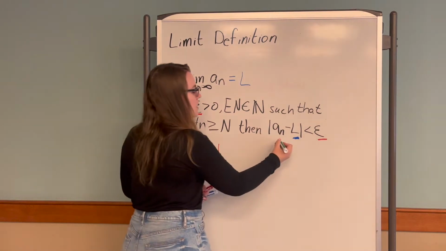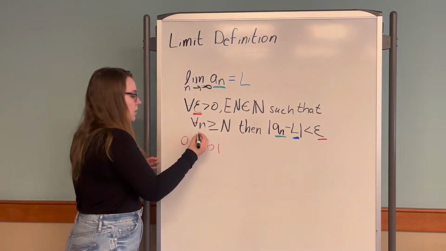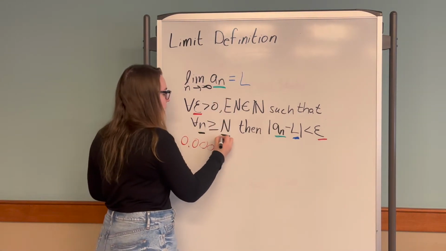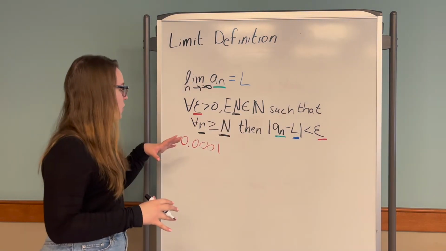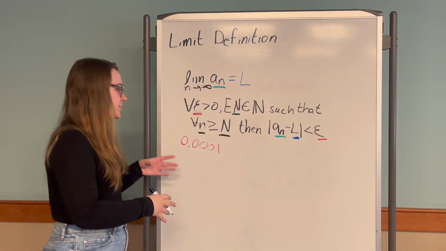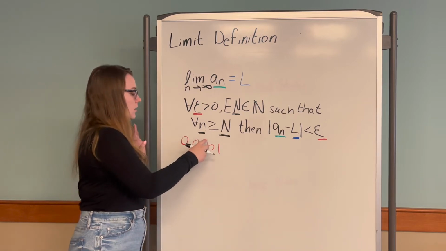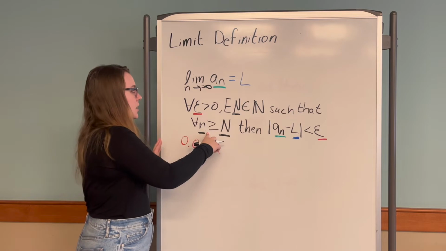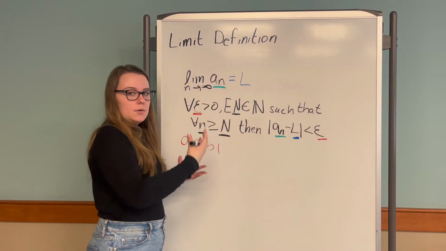And our a sub n is just the sequence that we're looking at. Finally, little n and big N are the values that we are looking for to finish out our definition when we look at an example. But the little n is generally just the variable that is inside our a sub n sequence.